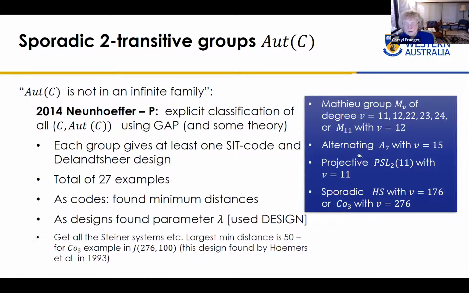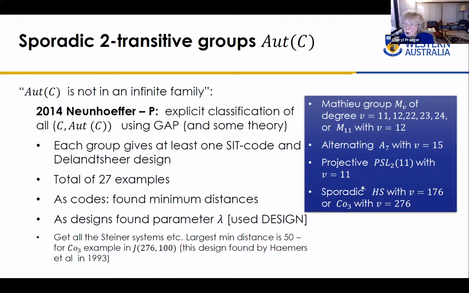The actual definition of sporadic is all the examples that you cannot fit into an infinite family nicely. So there's the alternating group A7, which is acting on the 15 points of a small projective space. There's the projective linear group PSL(2,11) in an exceptional example on 11 points.